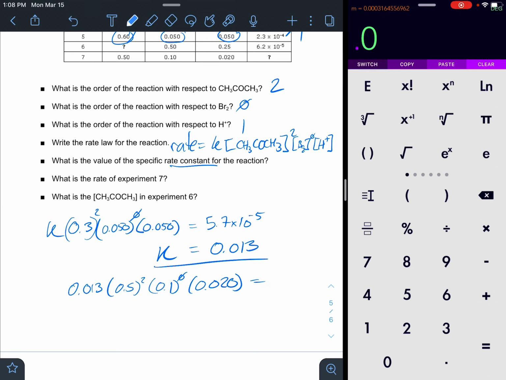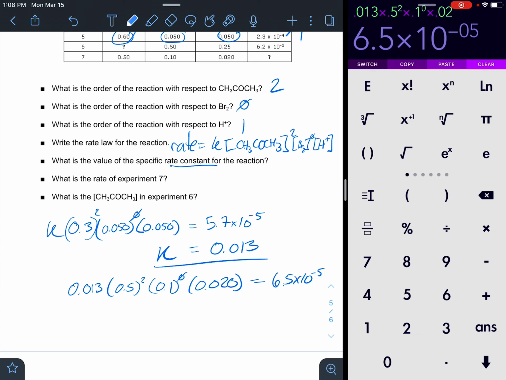Okay, 0.013 times 0.5 squared times 0.1 to the power of 0 if you like, it doesn't matter. 0.02 to the power of 1 equals 6.5 times 10 to the negative 5. Okay, so that would be our rate.